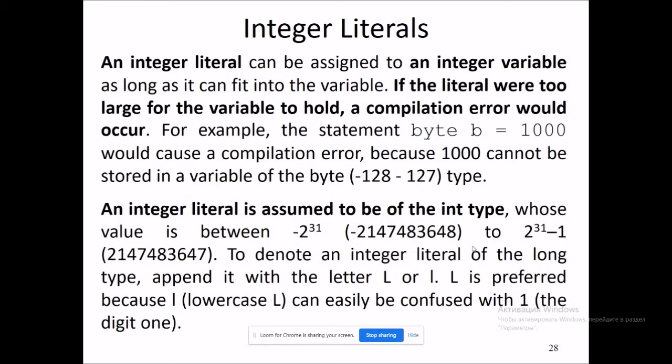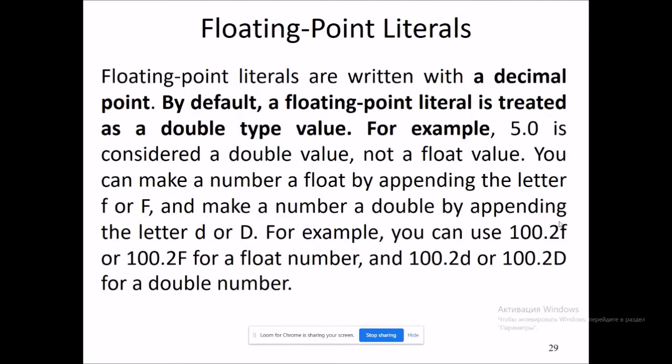To denote an integer literal of a long type, appending the letter L is preferred because lowercase l can easily be confused with 1. It means that if your number is longer than this one, you just write your number and at the end you add the letter L.